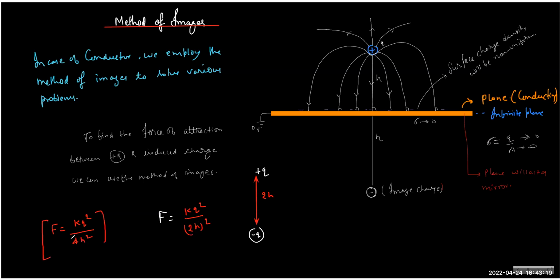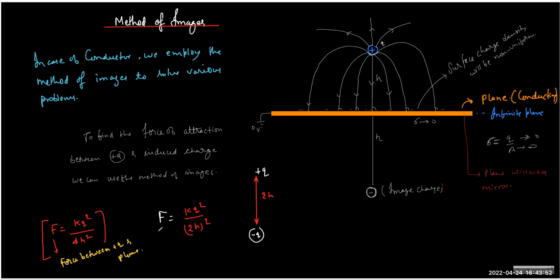This is the force between the positive q and the plane. Because of the charge distribution, it is very complex, but by using the method of images, we can do this. Is it clear?